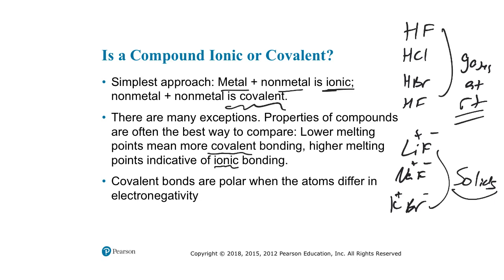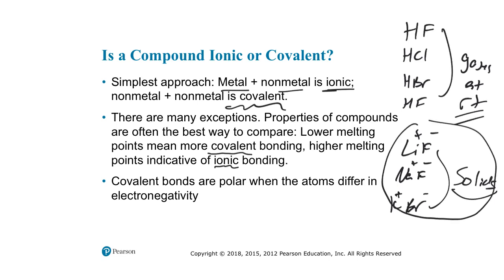So metals and nonmetals generally are going to have higher melting points when they're mixed together. If you find a metal and a nonmetal compound with a relatively low melting point, probably indicative that it's more of a covalent type bonding nature between its atoms than the ionic nature that we see in common ionic compounds.